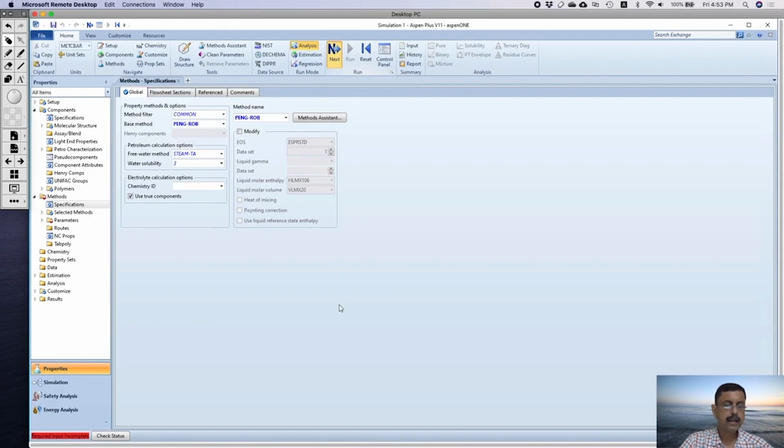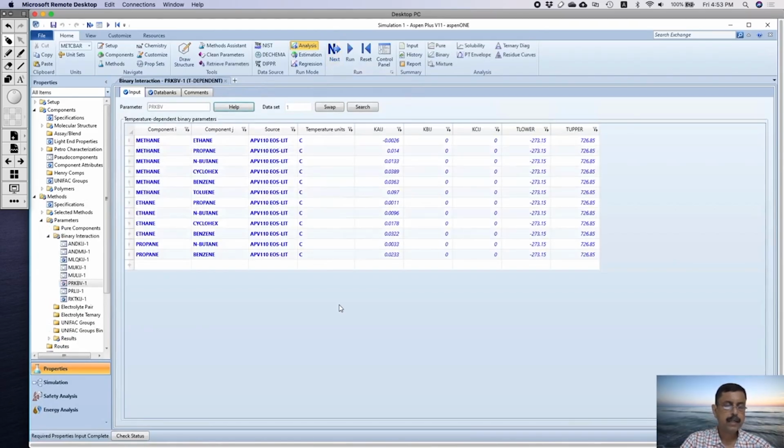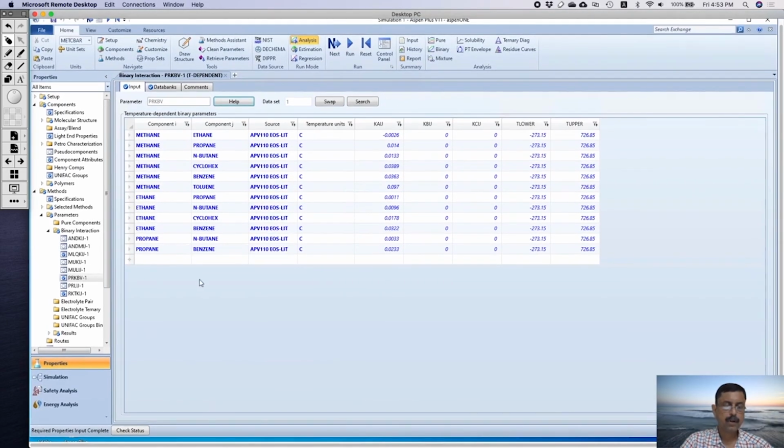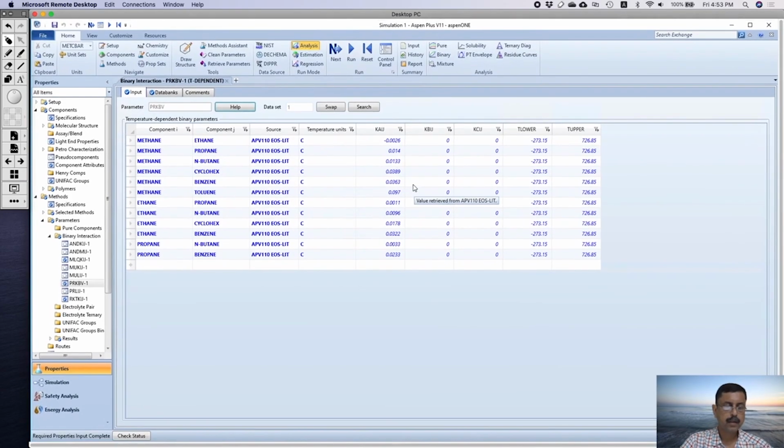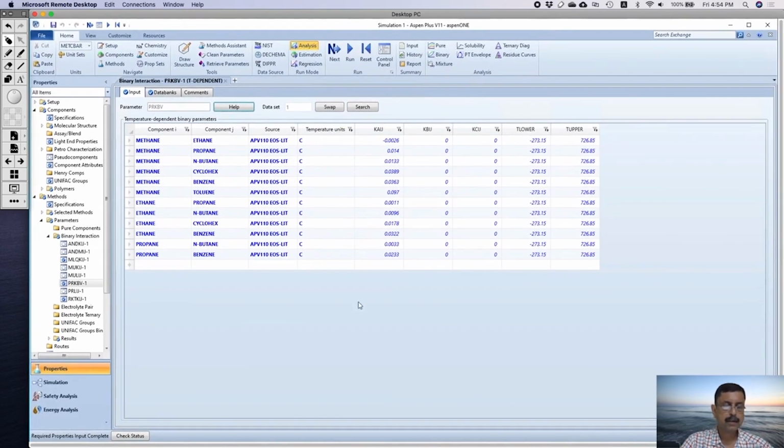Then it will quickly calculate the temperature dependent binary interaction, methane with ethane, methane with propane, methane with N-butane, ethane with propane, ethane with N-butane, propane with N-butane, and so on. Okay, so all these temperature dependent binary parameters will be calculated for you. Now these property methods are there. We have the property result. Now we have to go to the simulation environment.